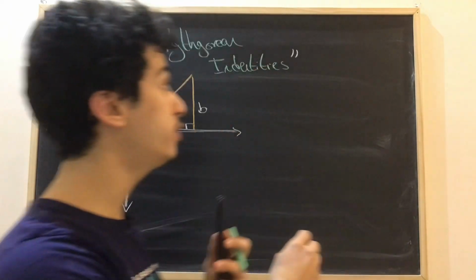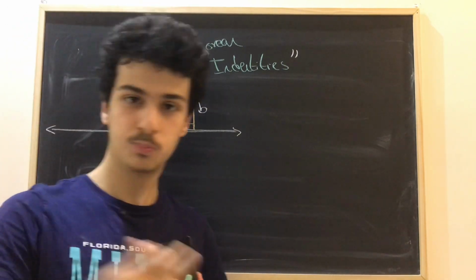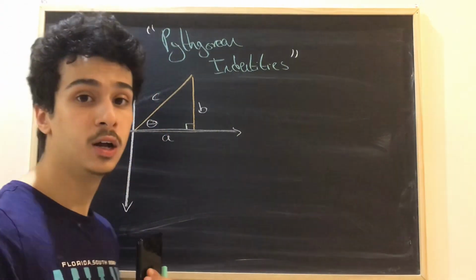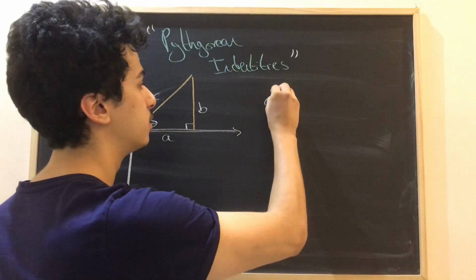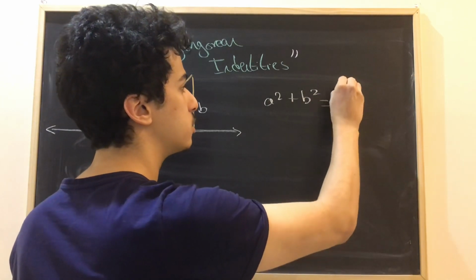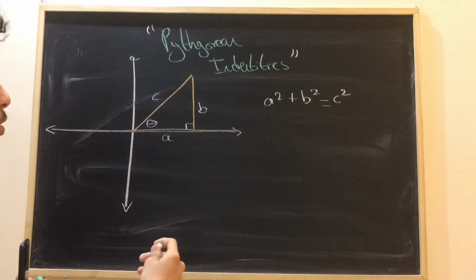And now we're going to be covering people's favorite, the Pythagorean identities. Of course, these come from the Pythagorean theorem: a squared plus b squared is, of course, c squared. And this applies to right triangles like this one on the unit circle.